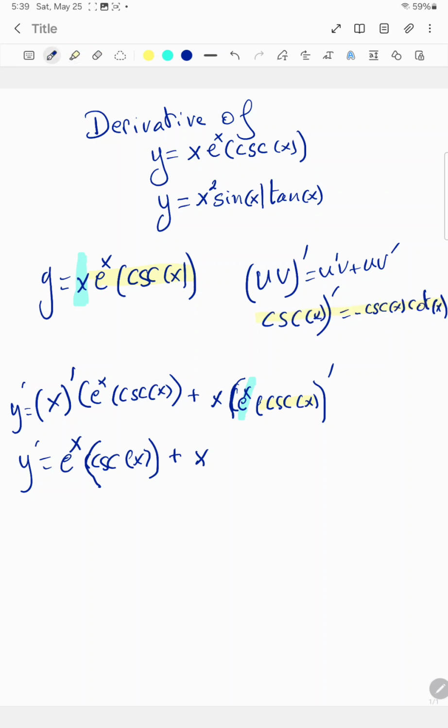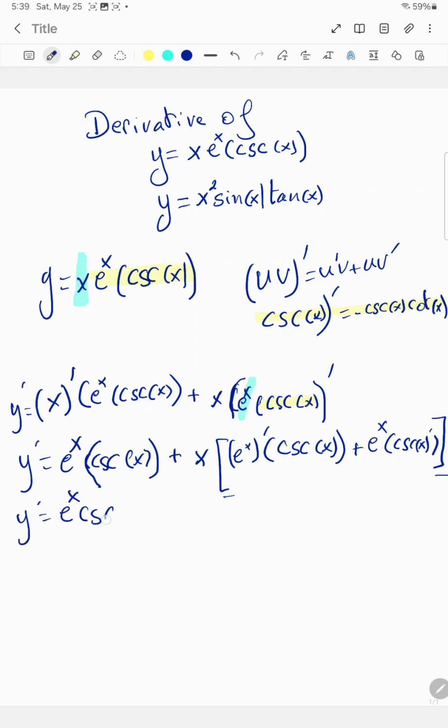So it is u prime v, it's e^x prime times cosec of x, plus u, which is e^x, times v prime, cosec of x prime. So let's derive the big parentheses here. So y prime is equal to e^x cosec of x plus x, and I open big parentheses.